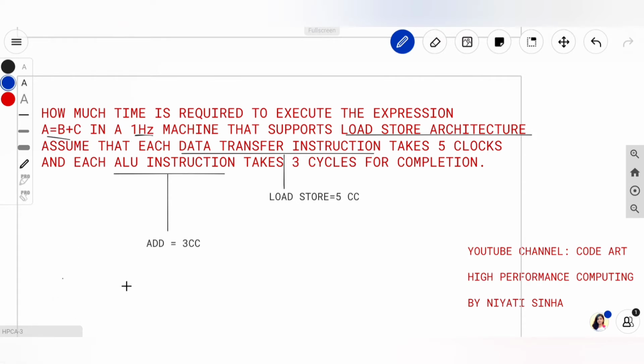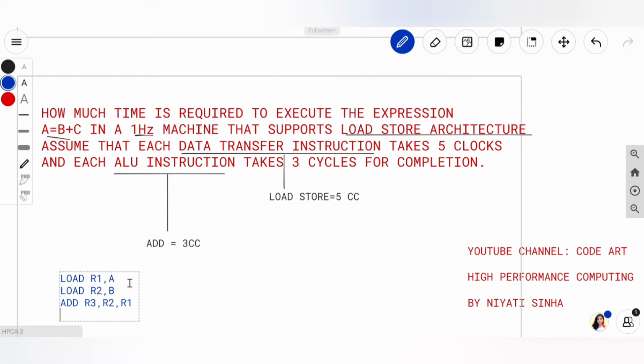Firstly, I'll load R1, A. So I'll load the value of memory location A into register R1. Then I'll load R2, B, that is, the content of memory location B is loaded into the R2 register. Then I need to add them and store the result in another register R3, so R3 is equal to R2 plus R1.